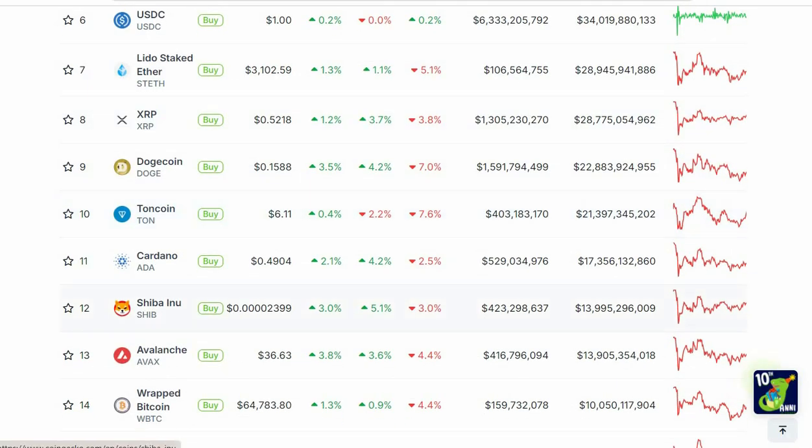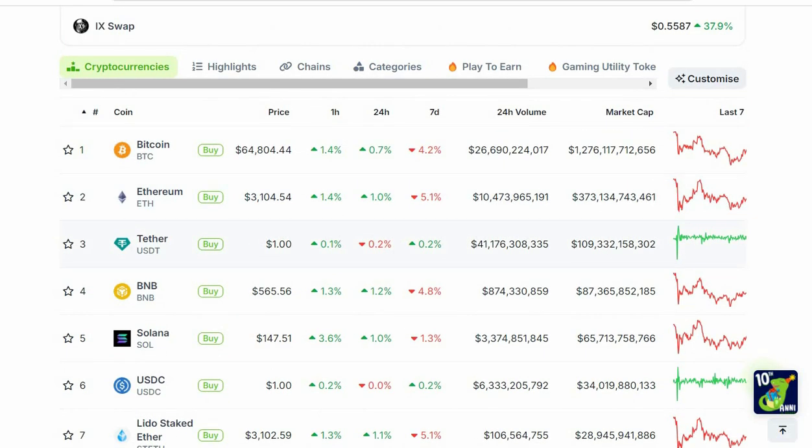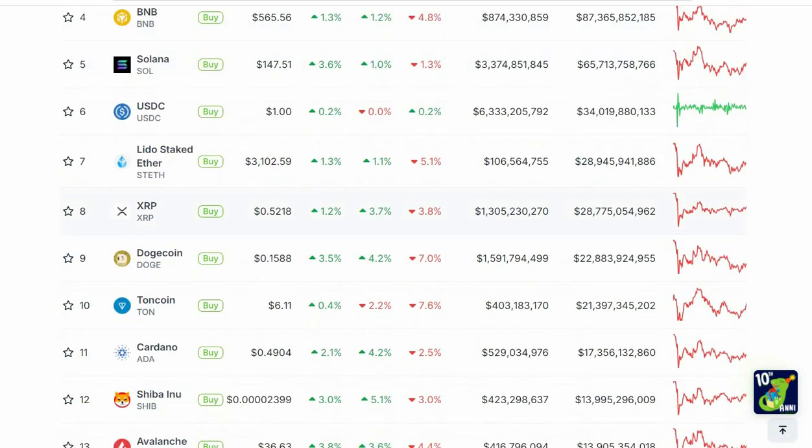All right, Shiba Inu dropped a little bit. I think we were higher. I think we were at number 10 recently, so that's good too, that Shiba Inu is getting more undervalued. It's at 13 billion, and if we 10x to 130 billion of market cap, we would go to third place behind Ethereum.